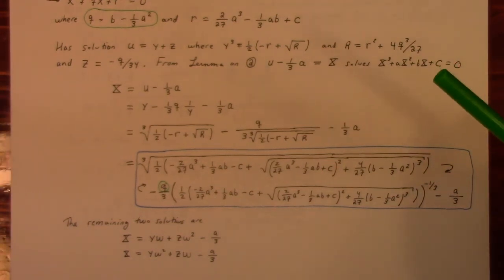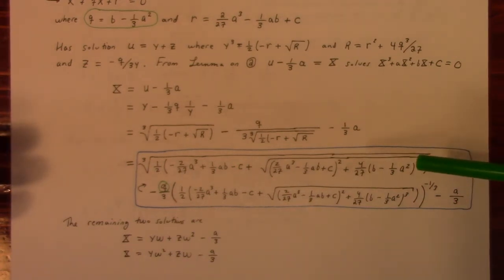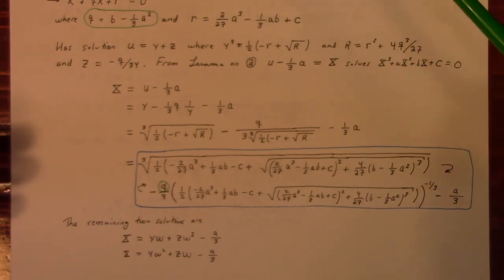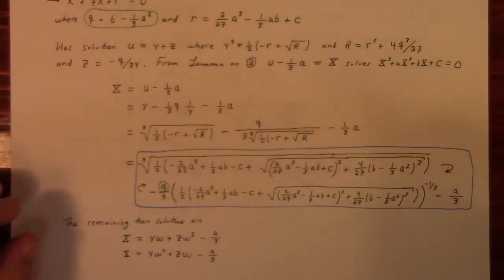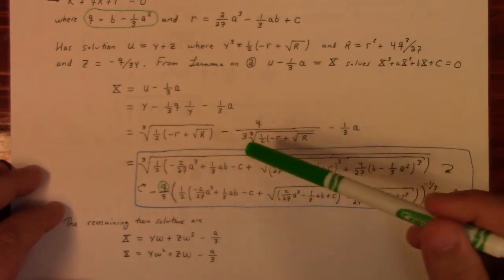See, because even after all this, how do you find the other two solutions? If you wanted an explicit formula in terms of coefficients, you'd have to couple this together with the third roots of unity. And you have to understand, even after all of this, what do I mean by cube root? This could be a complex number.